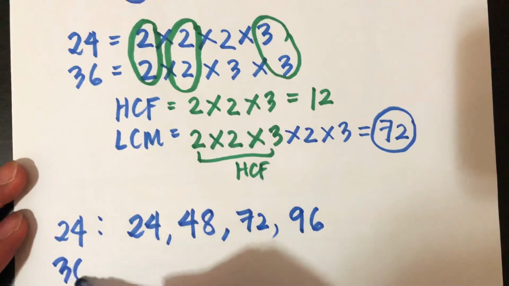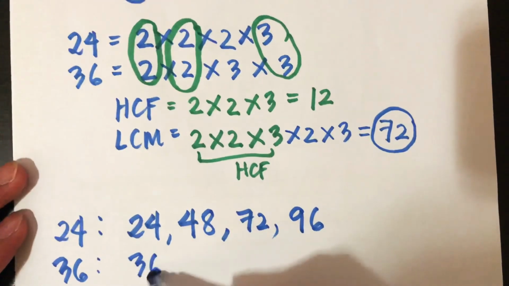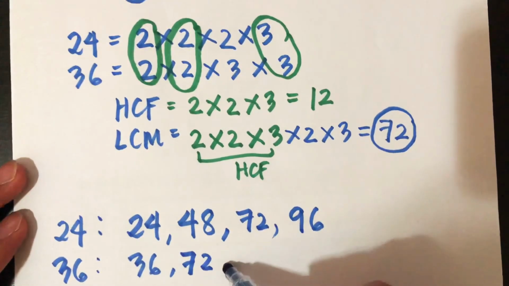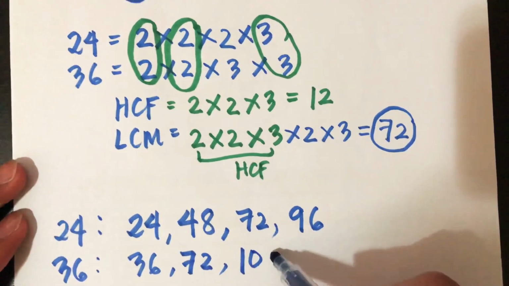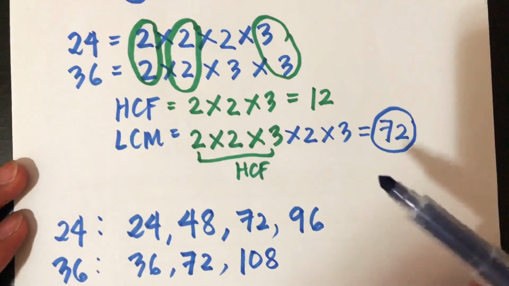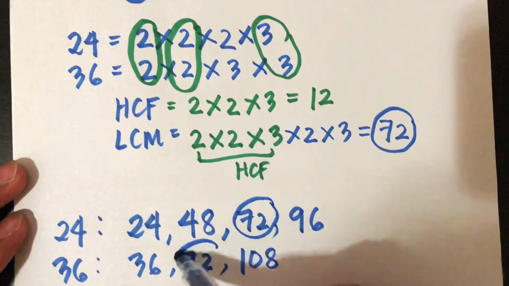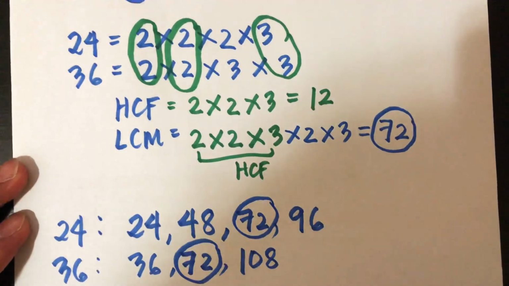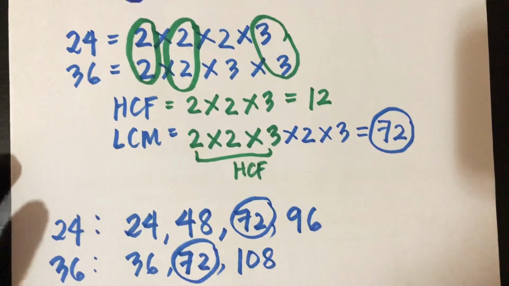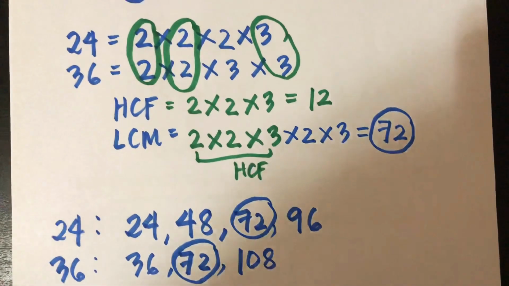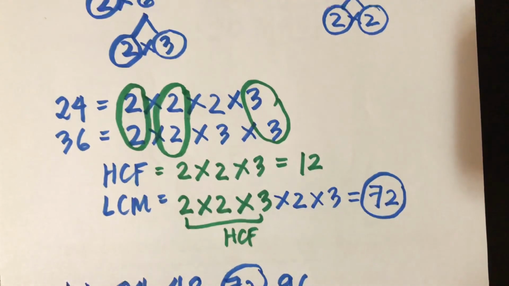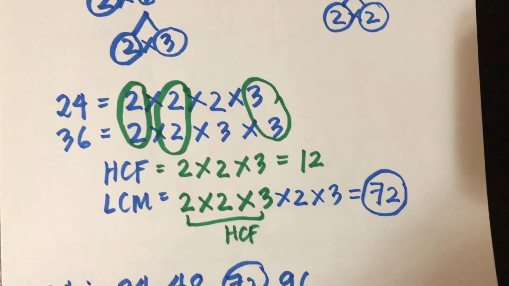Then for 36, we have 36, 72, 108. And now as you can see, this is the common multiple, and it is the smallest common multiple. Okay, that's why it's called the least common multiple. Okay, do you understand? So that's how you get the LCM of two numbers.